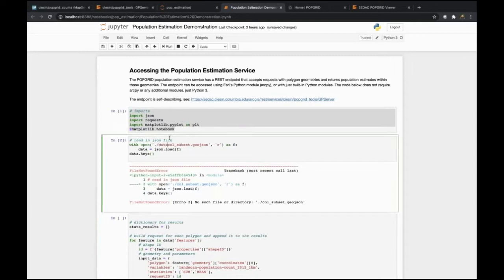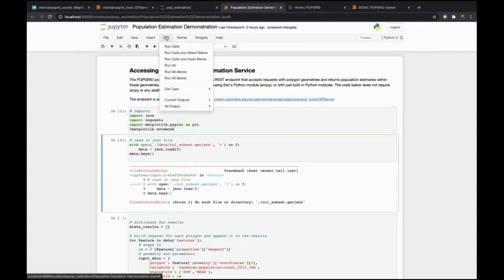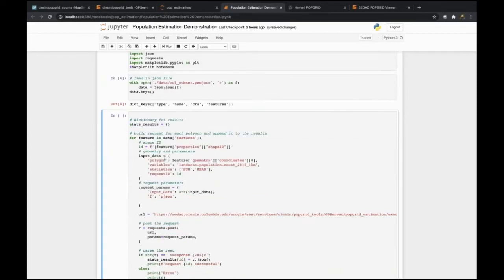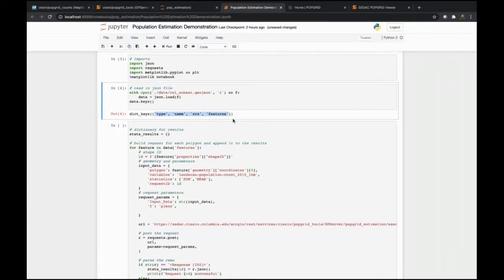It's in the data subfolder. So I can import those libraries and then read in the JSON file, and we can see that the JSON file has a type, a name, a coordinate reference system, and features. And the features are the polygons that we saw for Colombia.